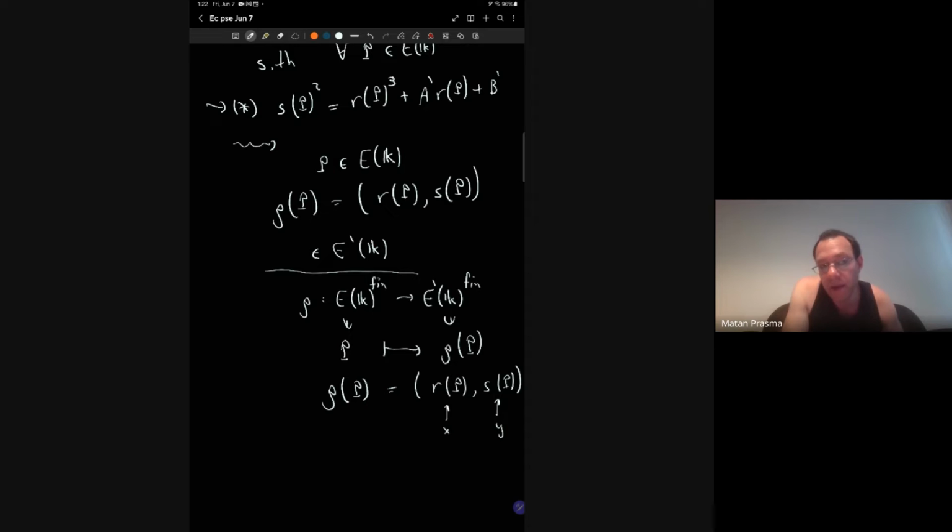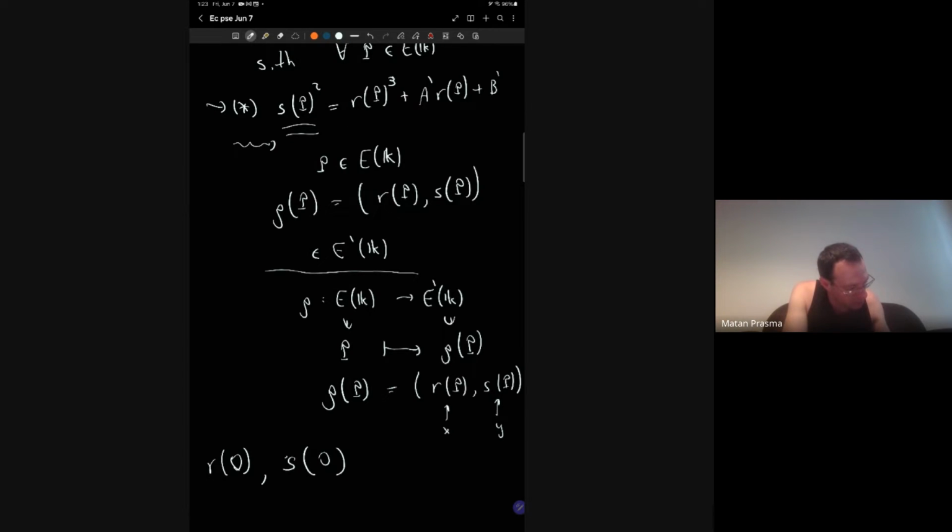So I require this equation to be satisfied also for the point at infinity. Of course, S of O and R of O are defined.